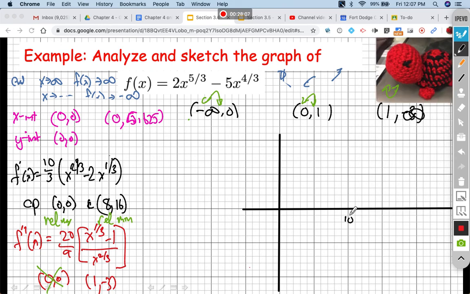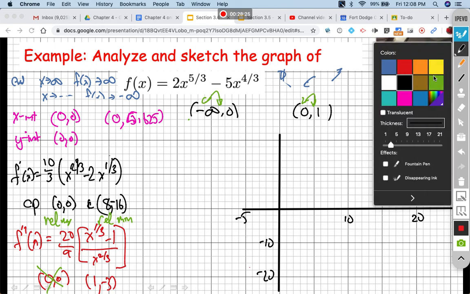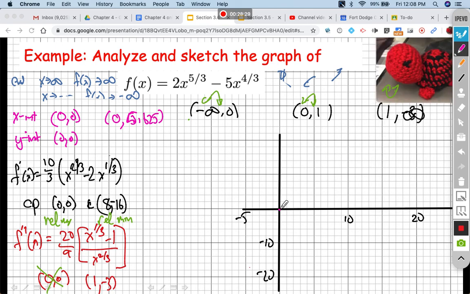Okay, so we'll go with 10, 20, negative 5 here. I'm going to go negative 10, negative 20, because I need to get down to negative 16. I got that wrong, negative 16 on the y there. I know I'm at the point 0, 0.